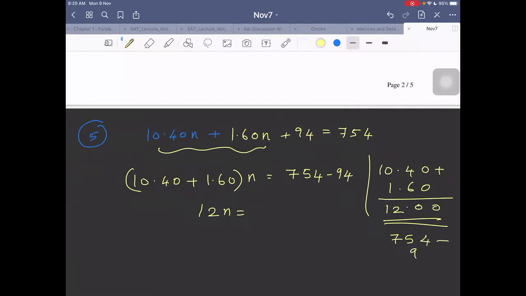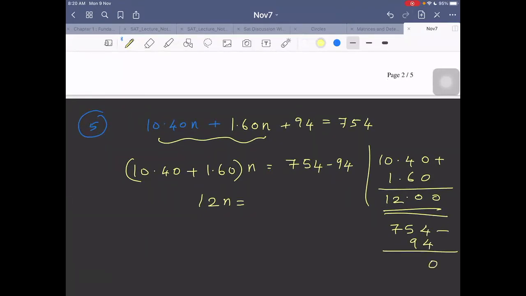754 minus 94. So this is going to be 0 here. This is 6 and this is 6. This is 660. Now we have 12n is equal to 660. So your n value is nothing but 660 divided by 12.